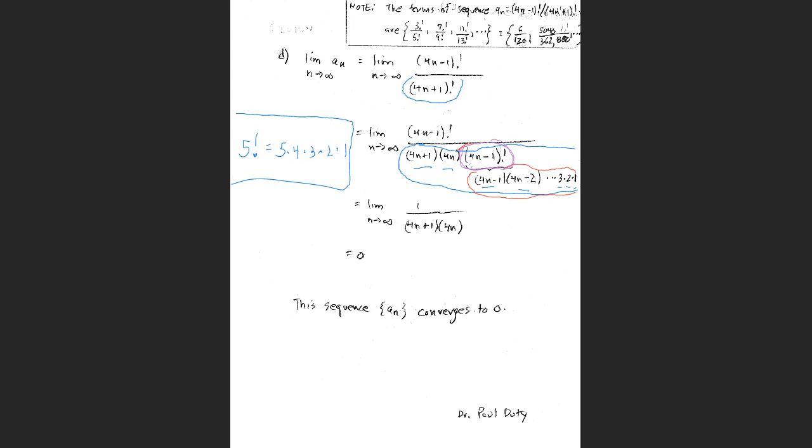And we can simplify that, and that's going to give us 1 over 4n plus 1 times 4n. Well, as n goes to infinity, that denominator gets larger, and we get a 0 for the limit. And so the sequence converges to 0. Absolutely amazing.